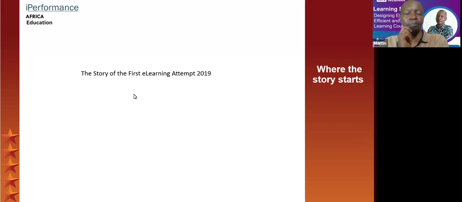I started training by training my sales team, and that's where many trainers start. We all start out as accidental trainers. Nobody grows up saying, I want to be a trainer when I grow up. We get to know about training when we get to the workplace.